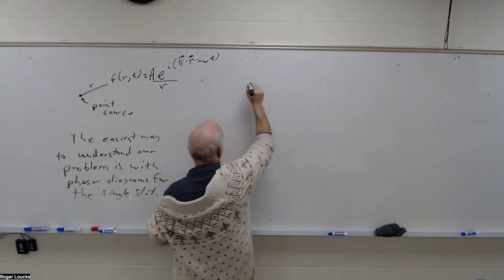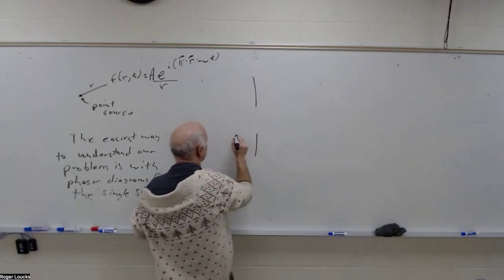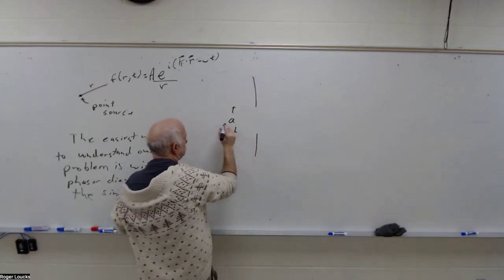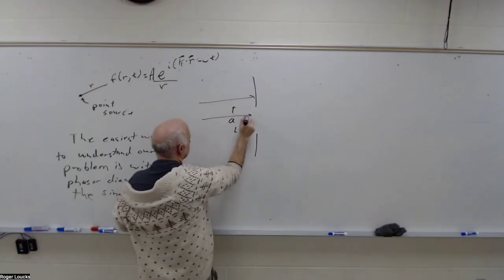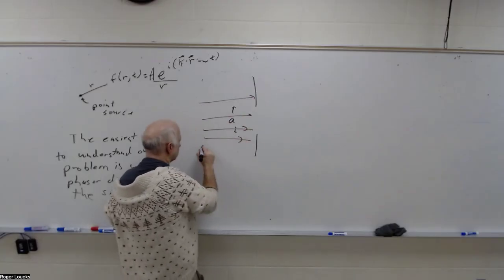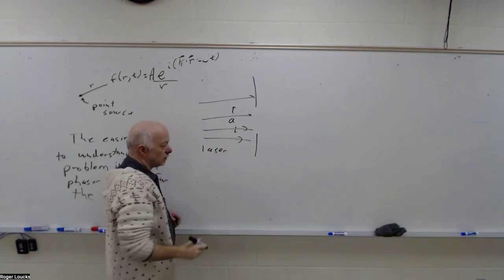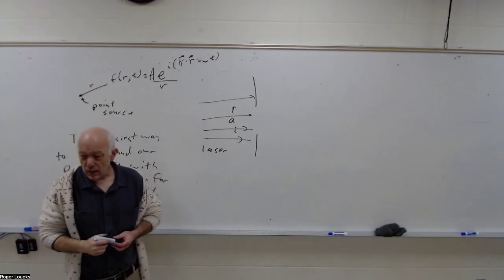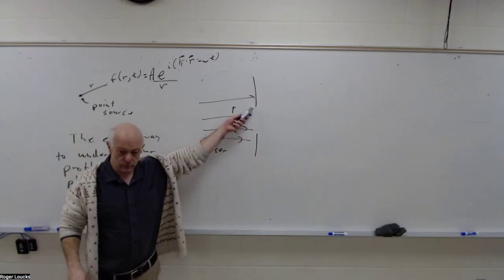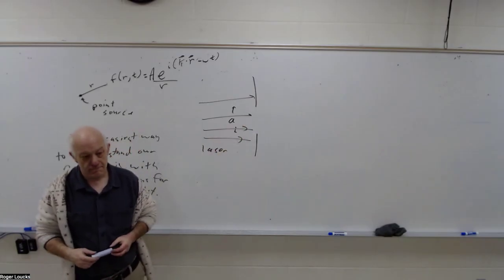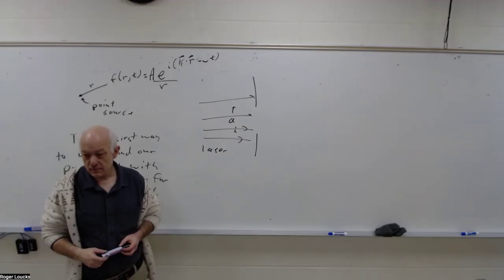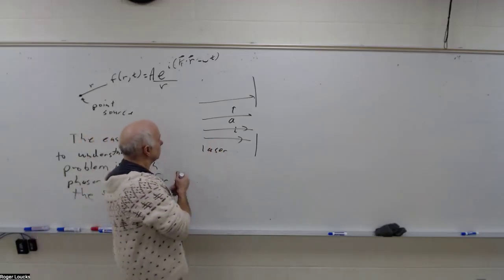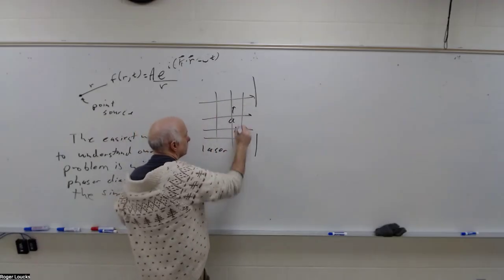So we have this, and we have light coming in this way. Here's our laser. According to Huygens, how many sources do we have in the slit here? We'd have a wavefront like this, wavefront, wavefront, wavefront.